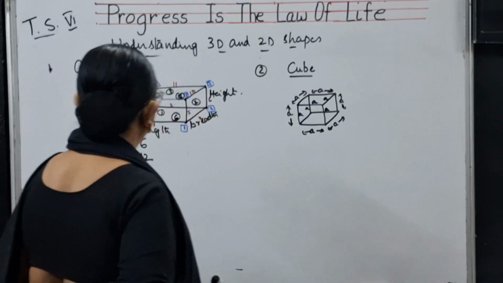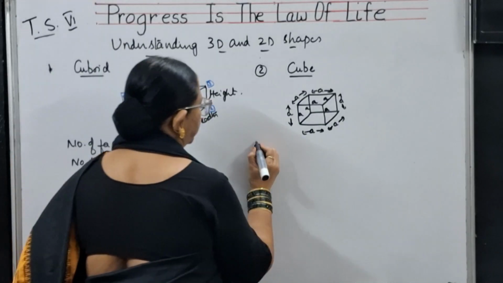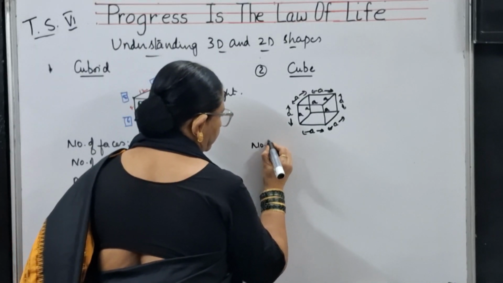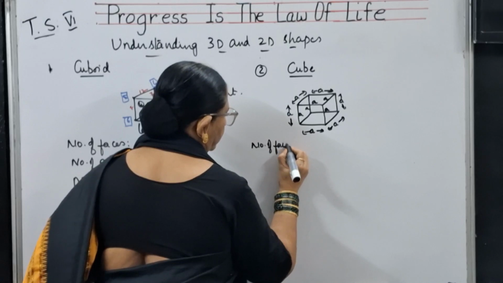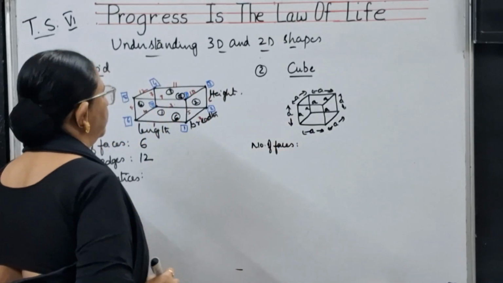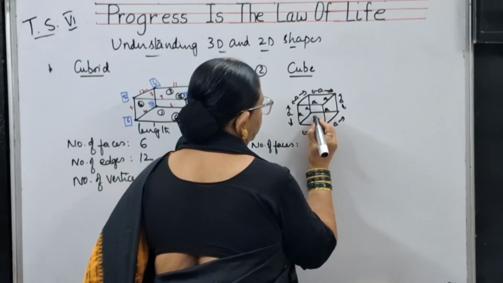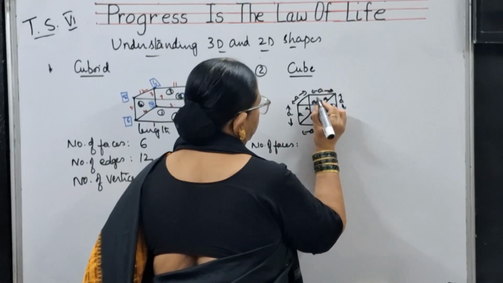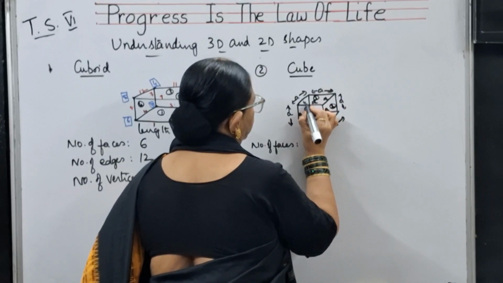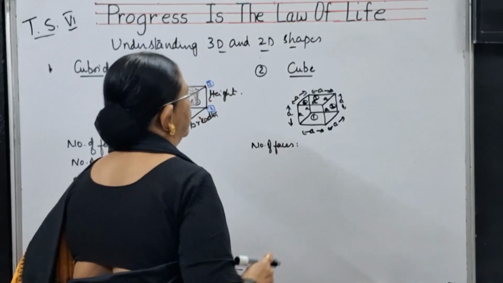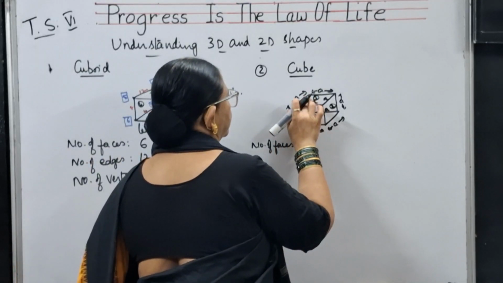So here, basing on this, what is the number of faces? Let us see. Number of faces, as I have told there, this is the first face, second face, third face, fourth face.